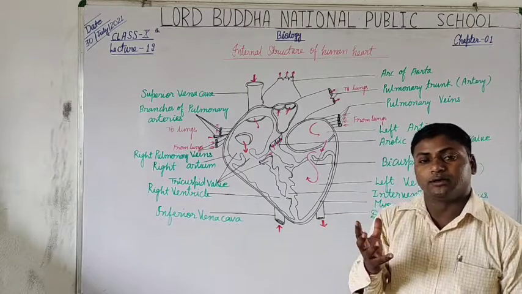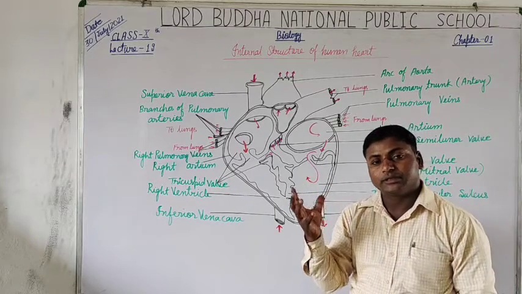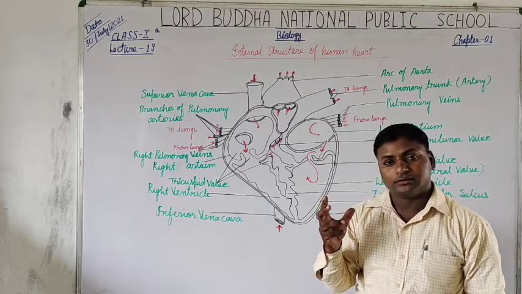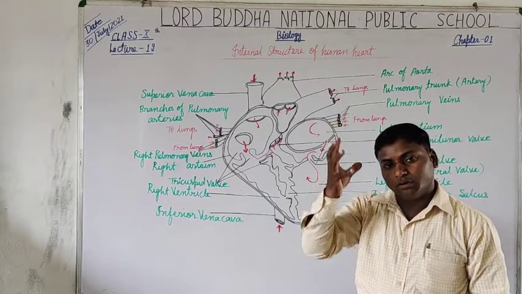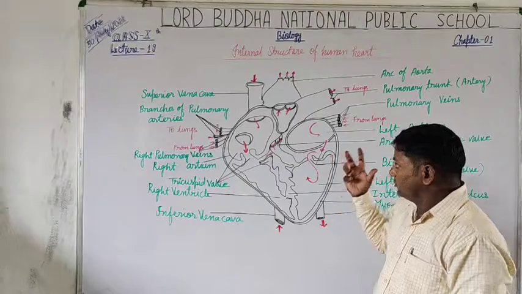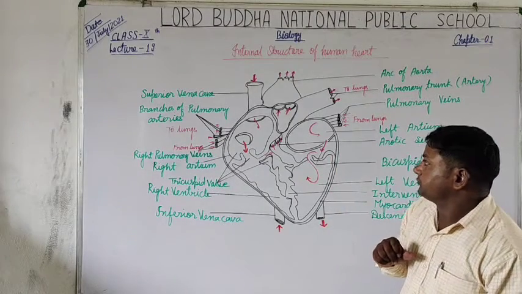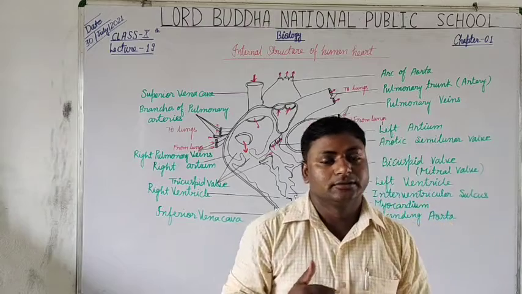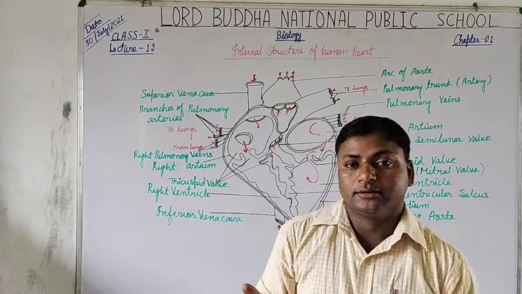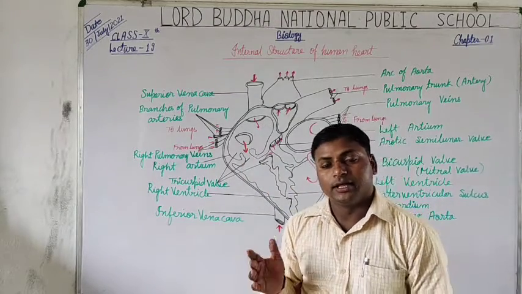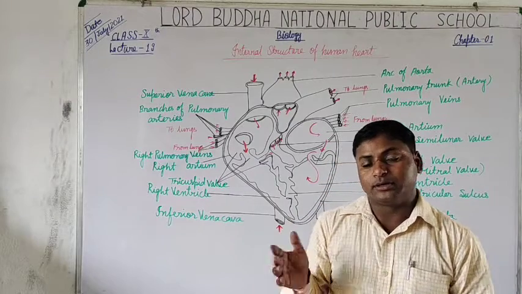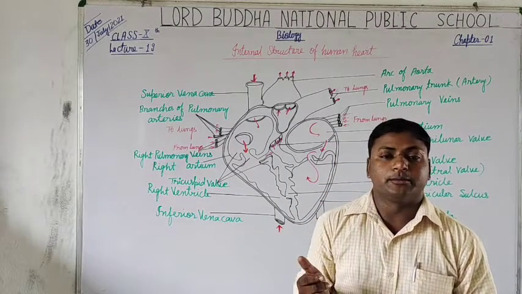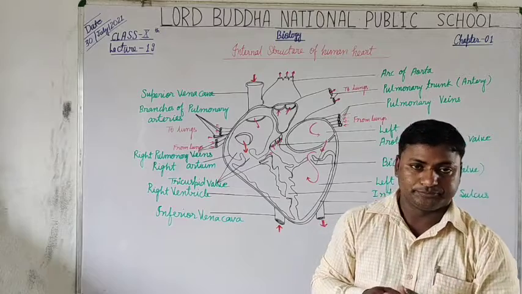The superior vena cava receives deoxygenated blood from the whole parts of the body. Here, students, deoxygenated means the blood which has a lack of oxygen but a rich amount of carbon dioxide.